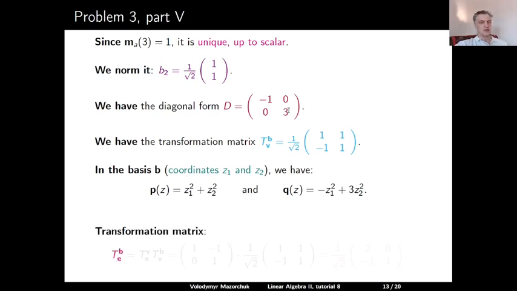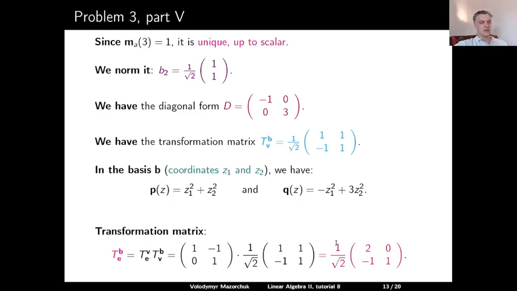It remains to find the transformation matrix to this basis from the standard basis. Note that this is a transformation matrix from V to the basis B. But this is a product of the transformation matrix from E to V times the transformation matrix from V to B. So the first one is 1, minus 1, 0, 1. The second one is 1 divided by the root of 2 times 1, 1, minus 1, 1.